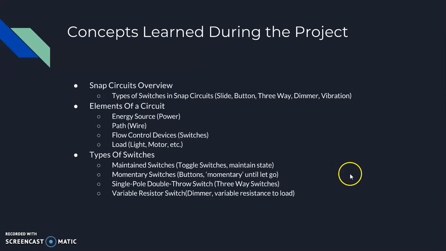These are just regular buttons that you have to hold. Then there's the single pole double throw switch, which is basically the three-way switch with one input and two outputs. Then there's a variable resistor switch, which is just a dimmer, and it varies the resistance sent to the load.